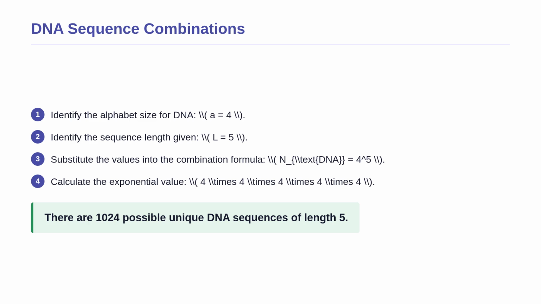We chose our exponential formula because we want total combinations. Substituting these values, we get N = 4^5. This means choosing one of 4 bases for each of the 5 positions. Calculating this out gives us our final answer. There are 1,024 possible unique DNA sequences of length 5.